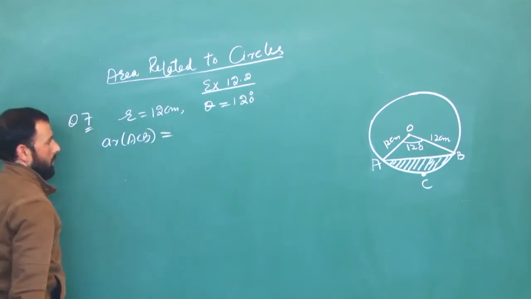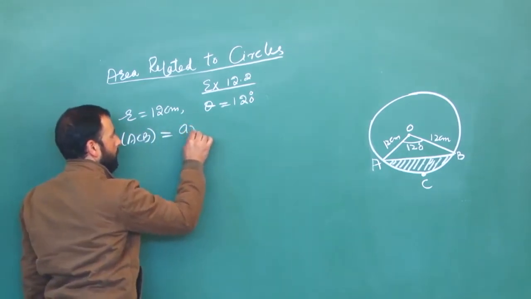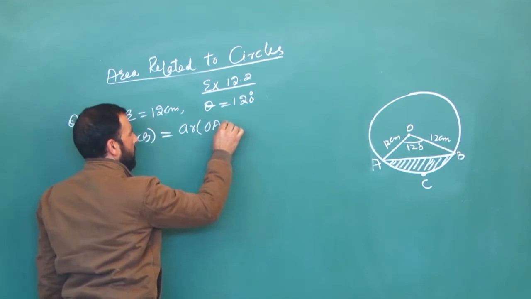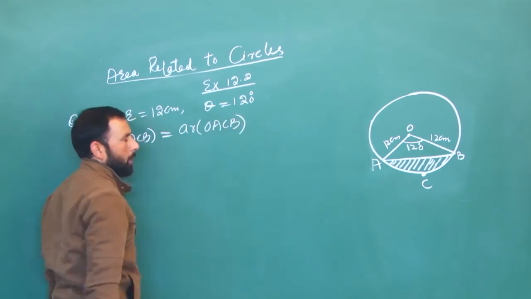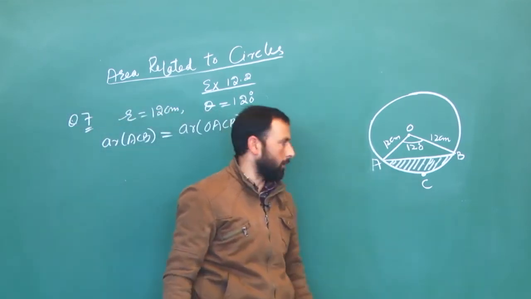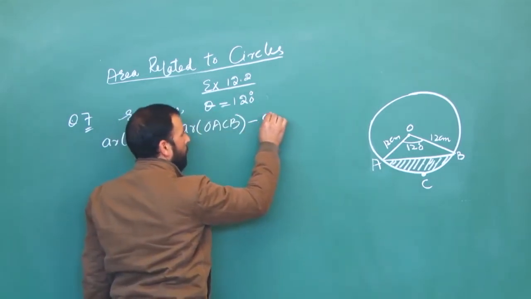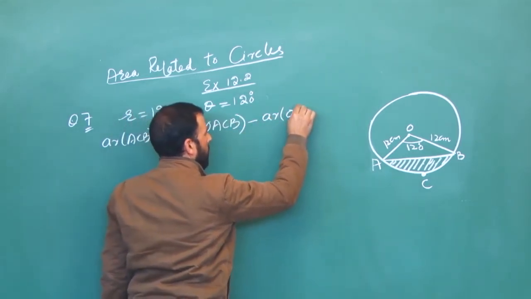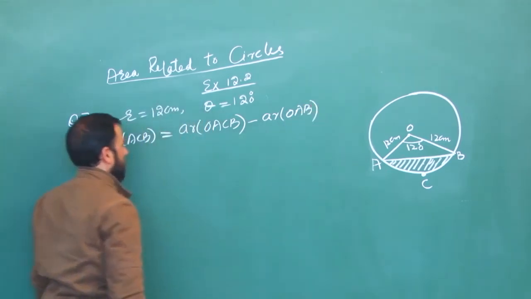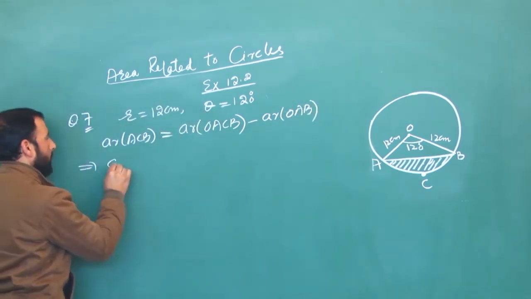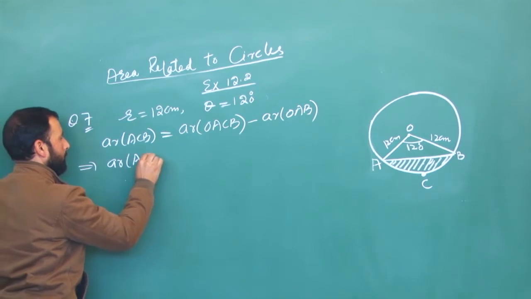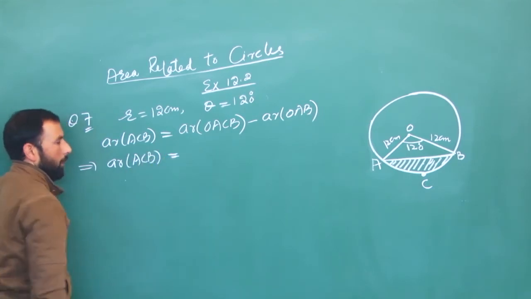Area of ACB is equal to area of the sector OACB minus area of the triangle OAB.